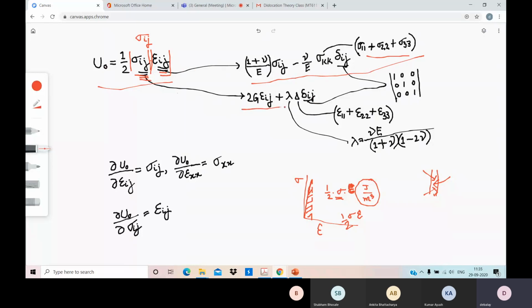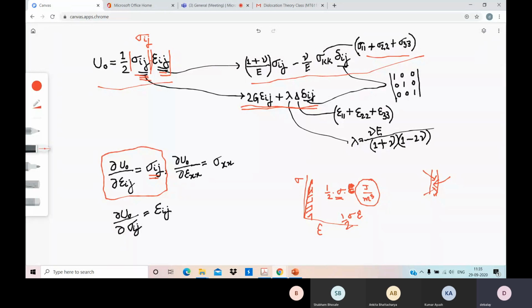Similarly, in place of stress, you can write strain tensor terms: sigma ij equals 2G epsilon ij plus lambda delta ij times epsilon kk, with the Kronecker delta. You can write that. But one beauty will be there. If you take the derivative of U naught with respect to any strain component, you will get the corresponding stress component.